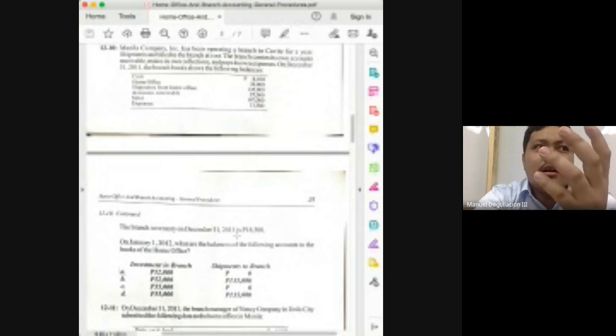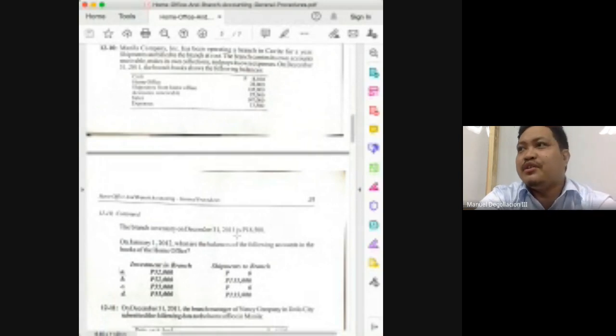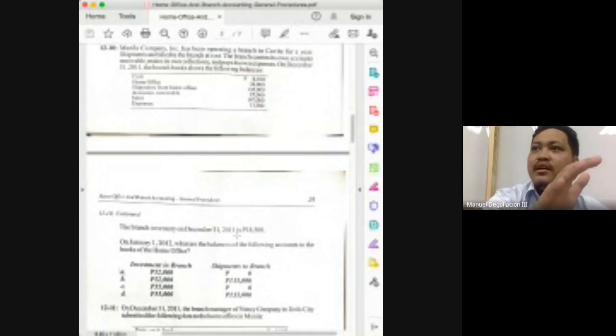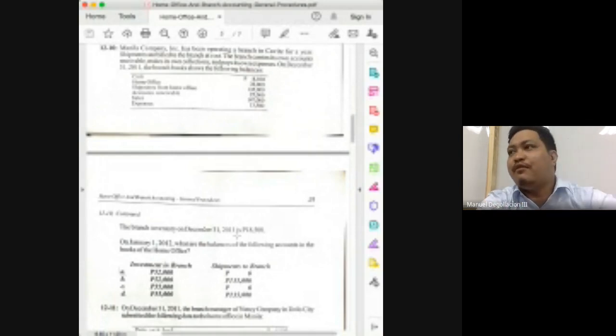Now, isn't the ending balance of the previous year supposed to be just the same as the beginning balance of the following year? Yes, but why are we saying that they are not the same? Why are we saying that the December 31 balance here is not representative of the should-be balance for January 1 of the following year?